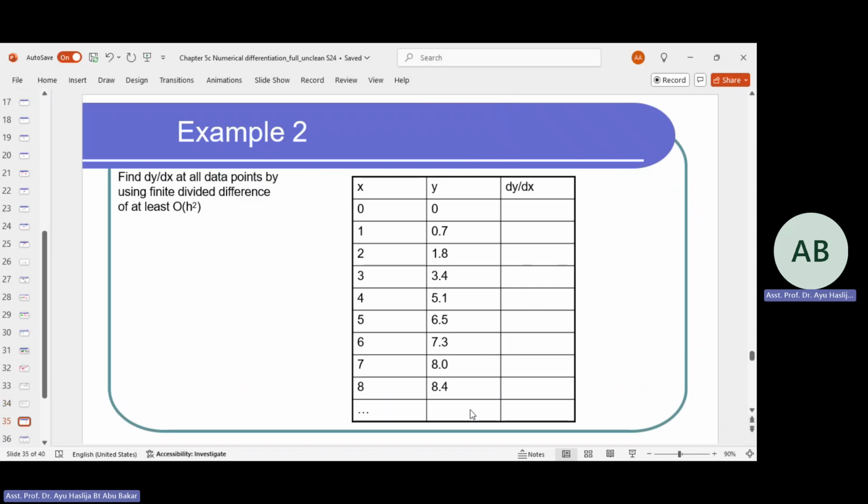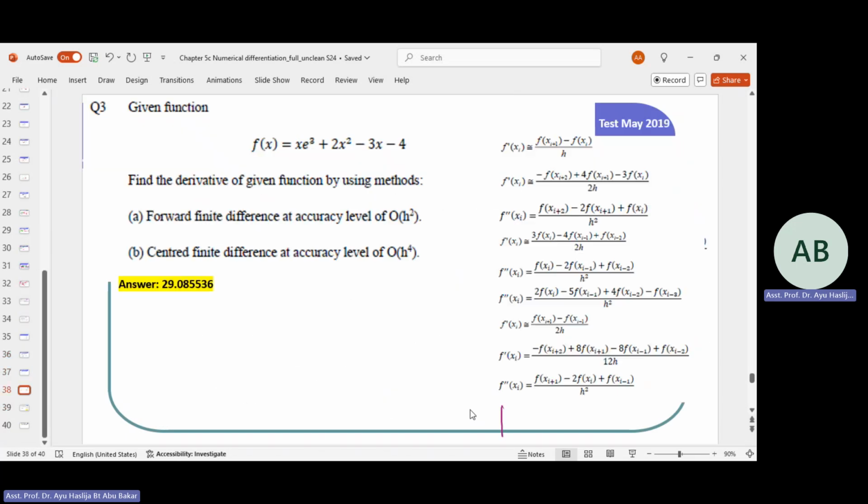Now, we go straight to the final exam question. Sorry, this one is a test question. This question asks you to find the forward finite difference at accuracy level of O(h^2).